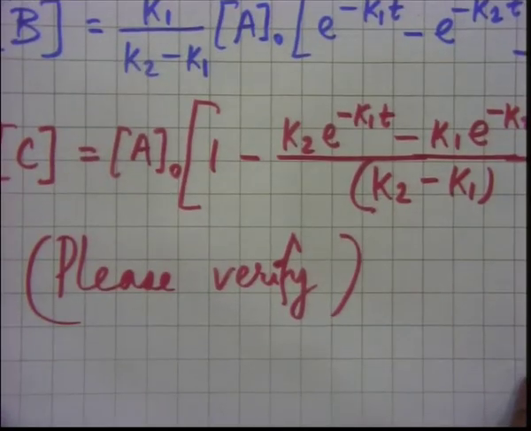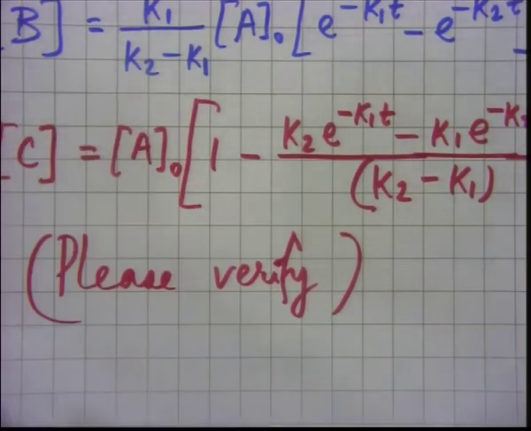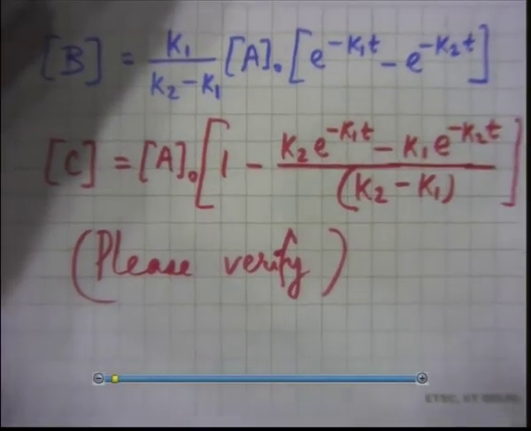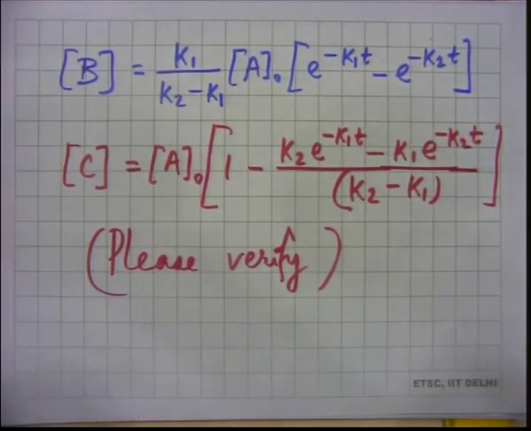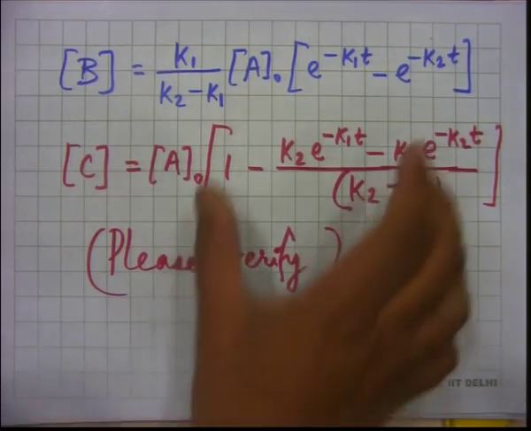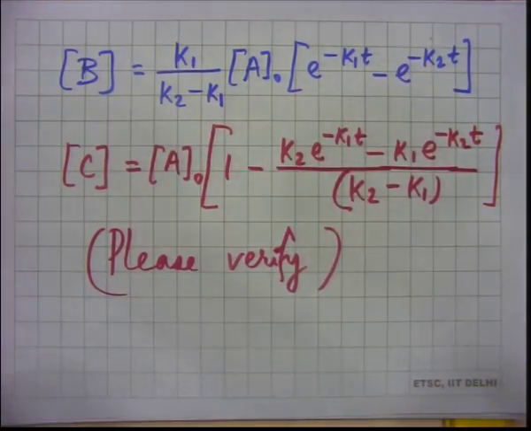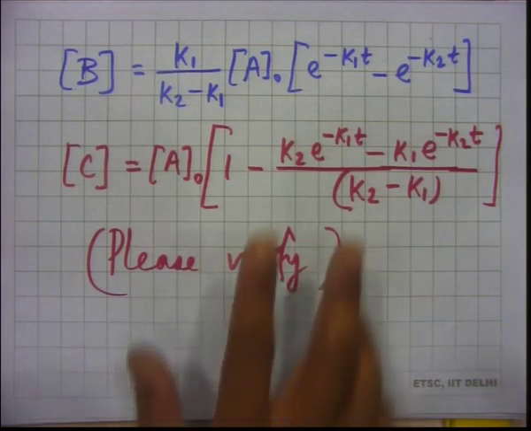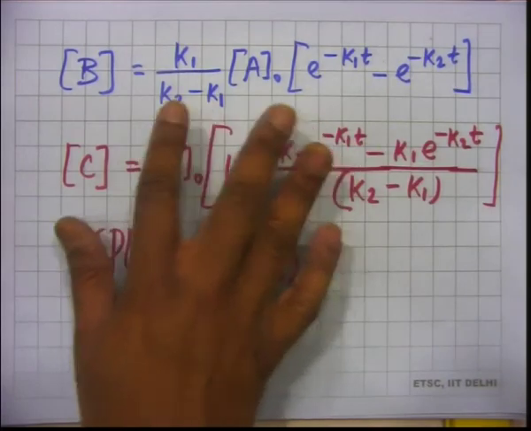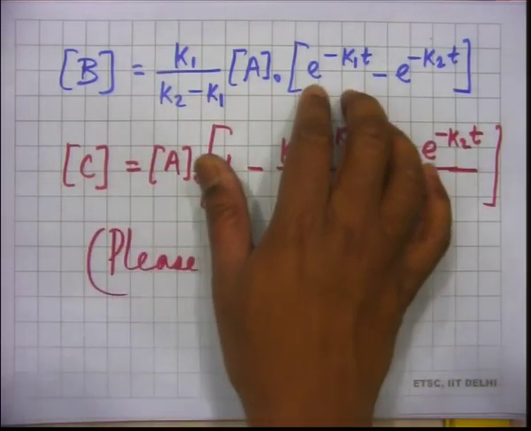Maybe we can look at it from the equation point of view. We have the concentration of B, and we should try to plot this and see what happens if K2 is 200 times K1. The trick will be to calculate these two terms separately.